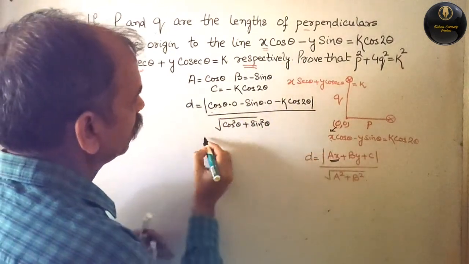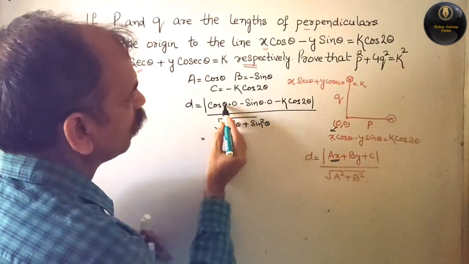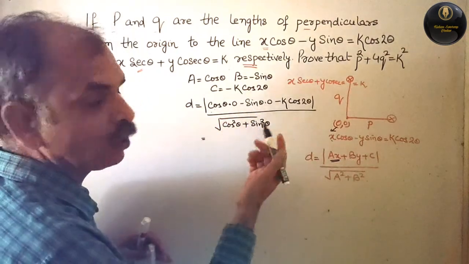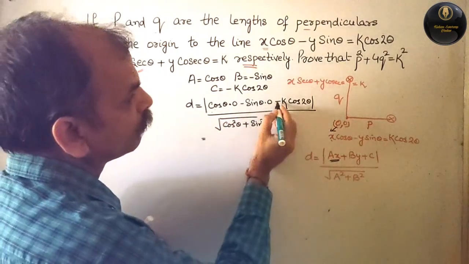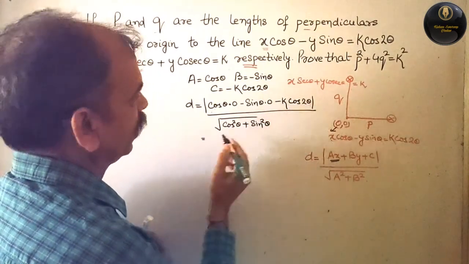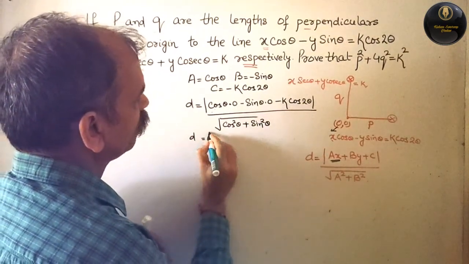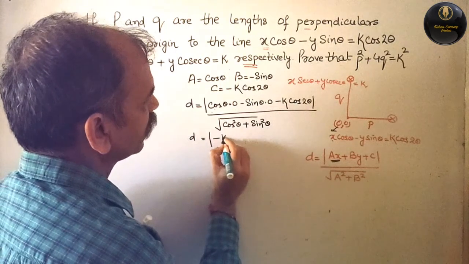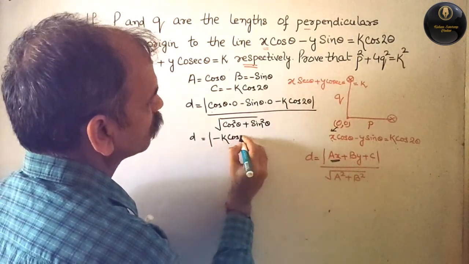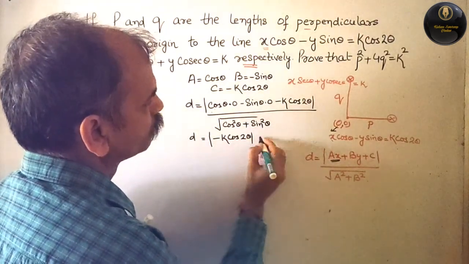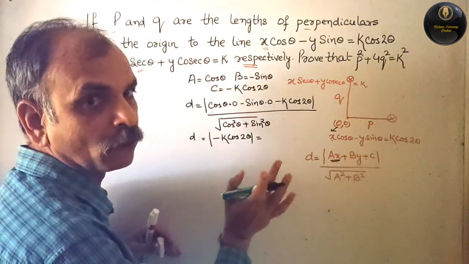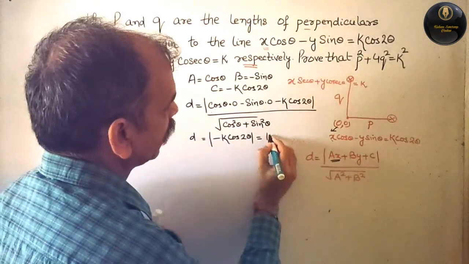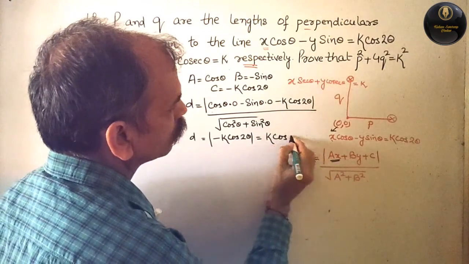Now cos theta into 0 is 0, minus sin theta into 0 is 0, minus k cos 2 theta. So D is equal to modulus of minus k cos 2 theta. Now modulus is there, so the sign will go, and you will get k cos 2 theta.